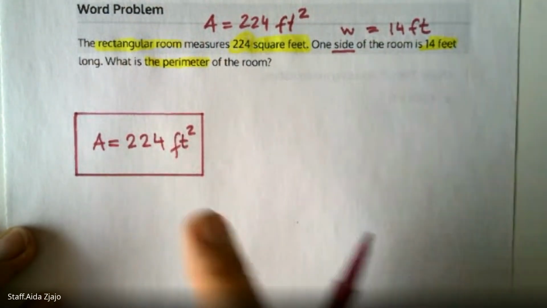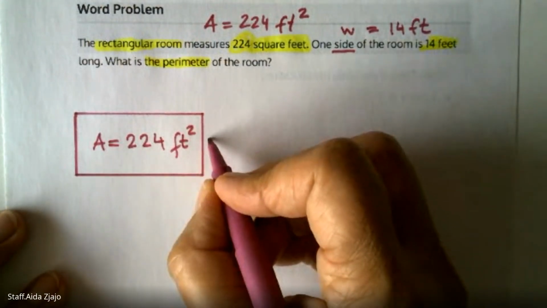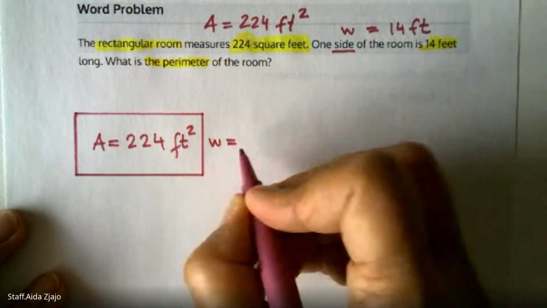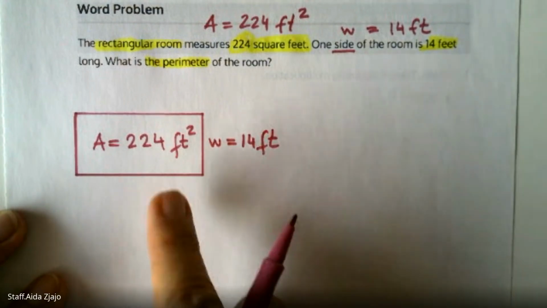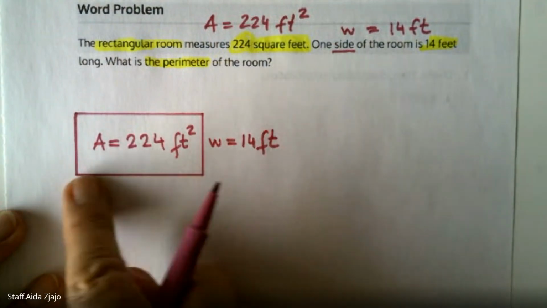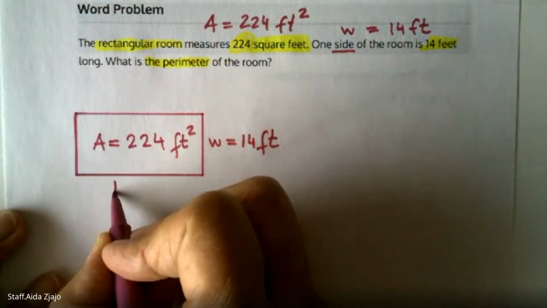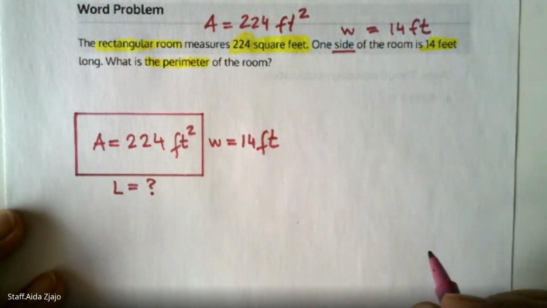Inside are that many squares. We also know that the width is 14 feet. Because we know the area and one side, what is missing is the other side. So the length is unknown, which we have to figure out.